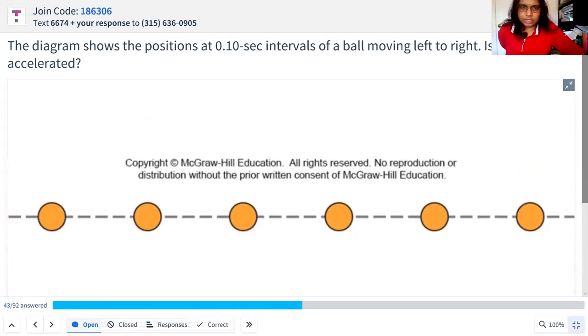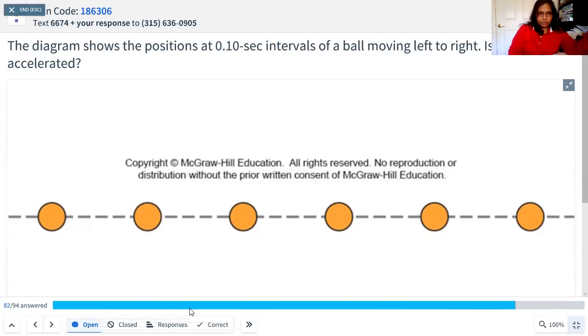The pictures were taken at every 0.1 second intervals, and the ball is moving from left to right. Okay, so it's a very straightforward question. So let's look at your responses.